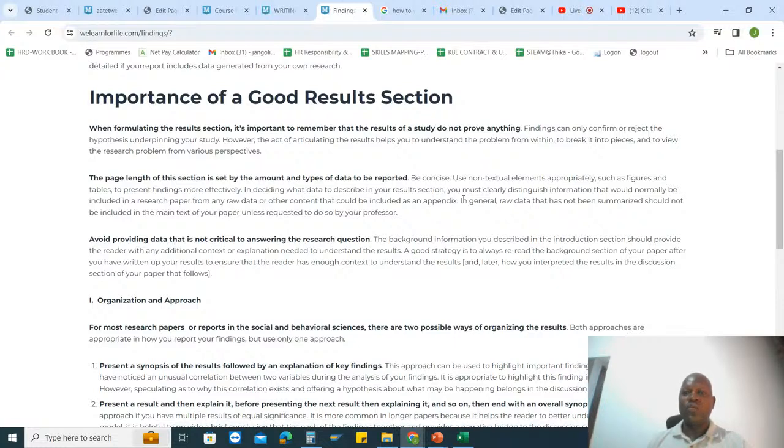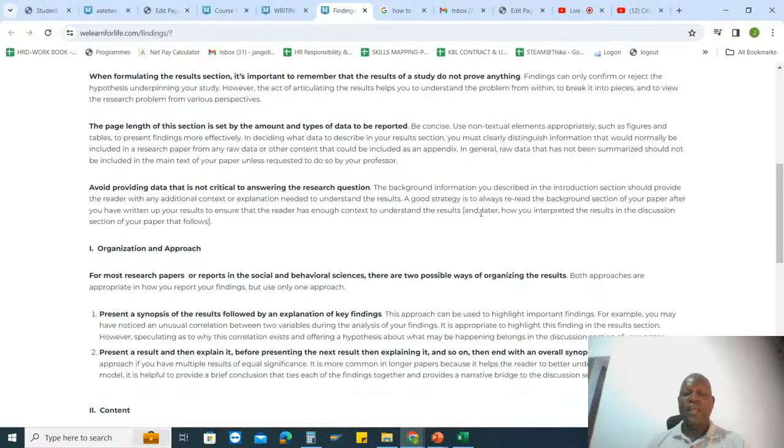Sometimes use non-textual elements, figures, and tables when presenting, so that we can have a visual presentation, not just text. This is very important because it helps you to communicate in different ways.